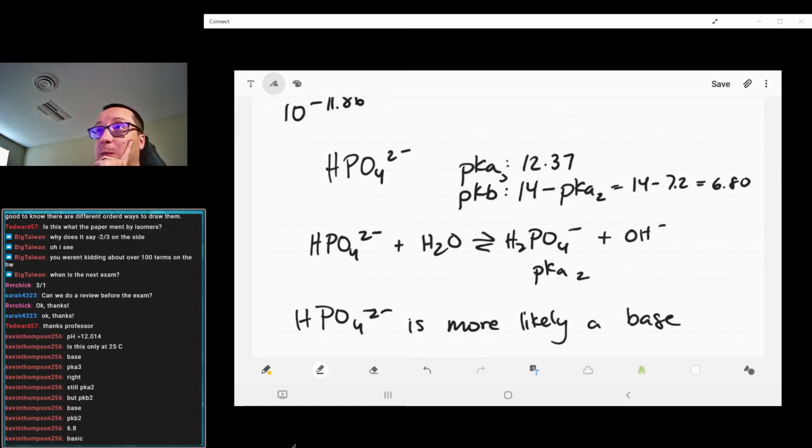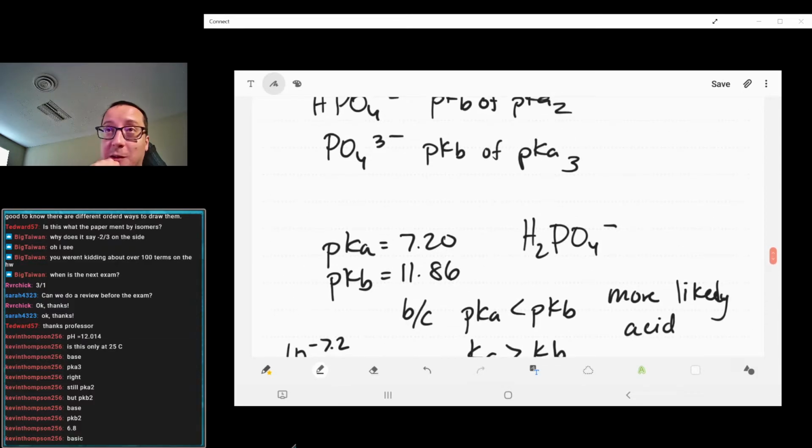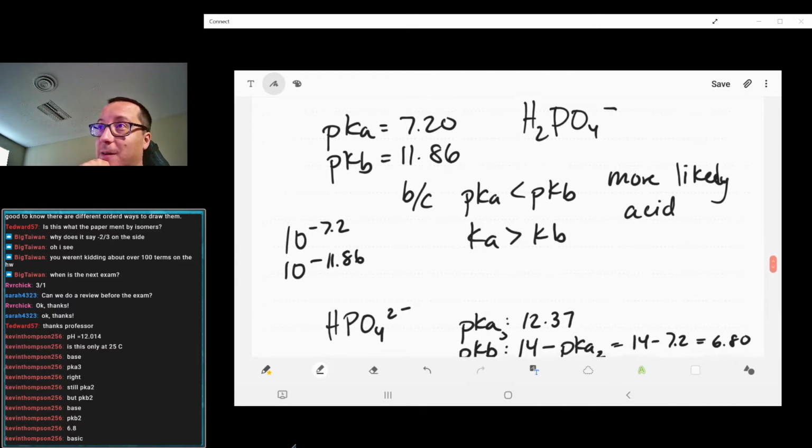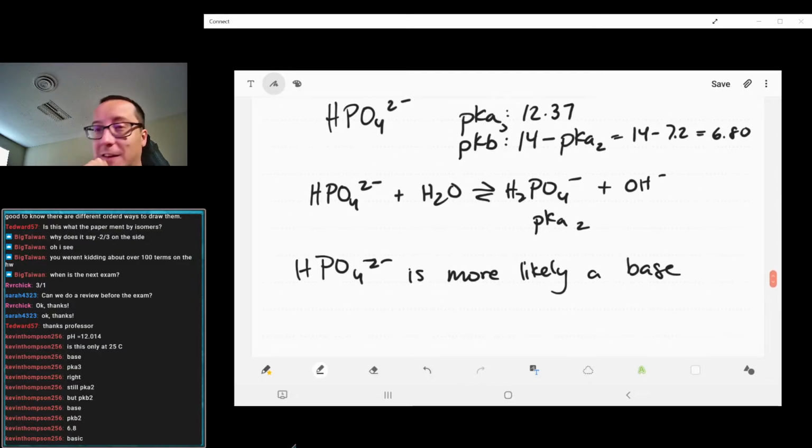And in fact, this one would probably have a basic solution if you were to just put it in water, because its pKb is less than 7, for sure. Interestingly enough, we'll see that this one will also have a basic solution, even though it's more likely to act as an acid. It's still going to be basic. Curious stuff, isn't it? Fun, fun, fun.